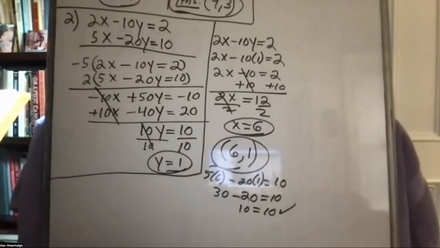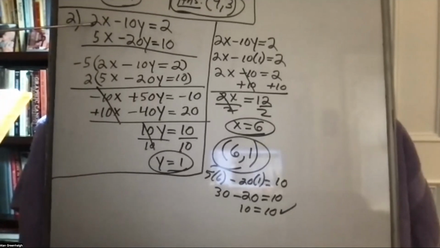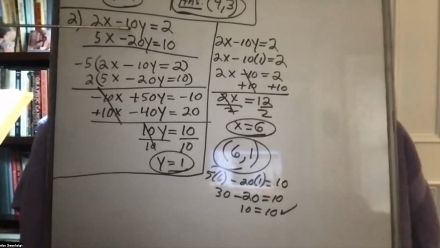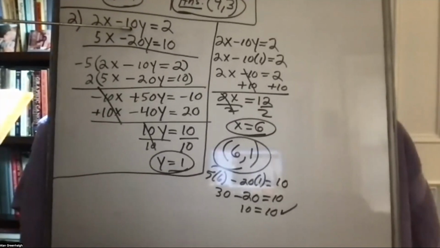Very good, Rose. I was thinking that somebody could construe this as easier if you simply multiplied the top by -2, not even multiplying the bottom.